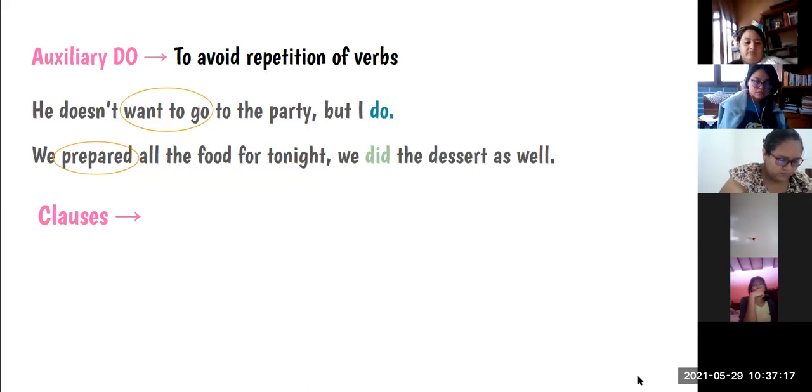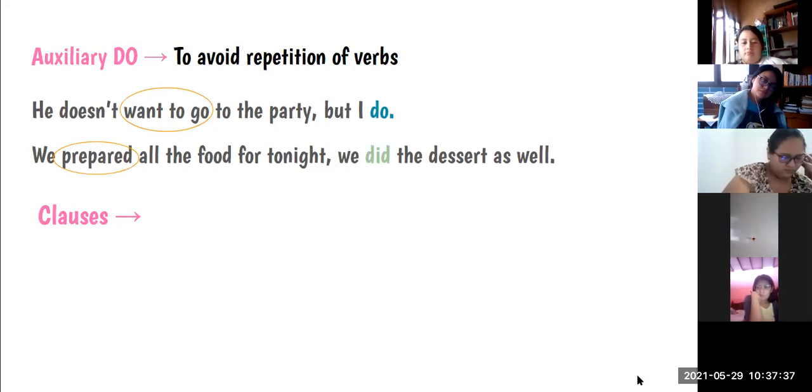Take notes. A clause is a group of words, and this group of words contains a subject and a verb, okay? A subject and a verb. But in one sentence, we can have more than one clause, okay? For example, I'm going to give you an example.